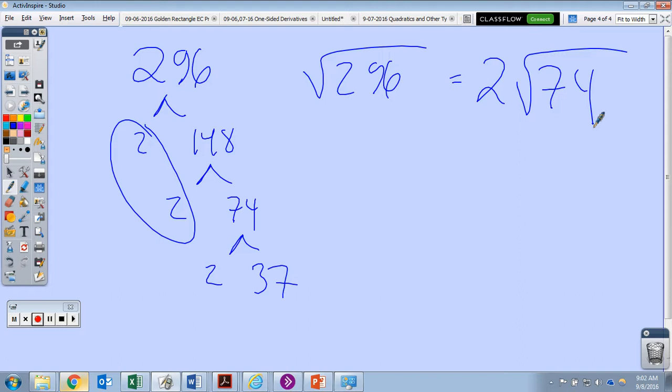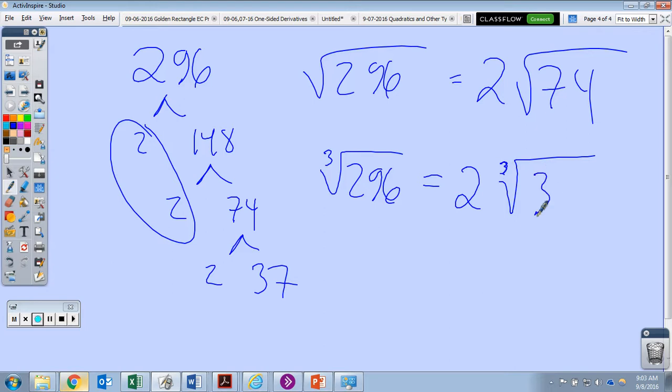While we're here, if it were the cube root of 296, you could circle three 2s, and this 37 would be left over. So you'd have 2 times the cube root of 37. This is a very convenient tool. Don't think it only works for square roots. It works no matter what the index is, as long as it's a positive whole number. And what's that called? Prime factorization.